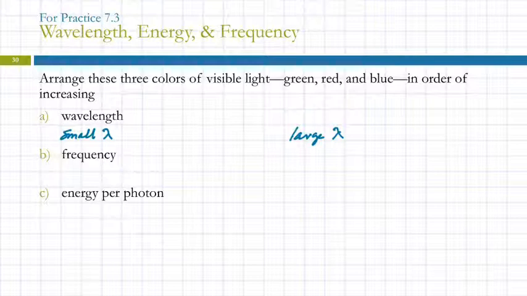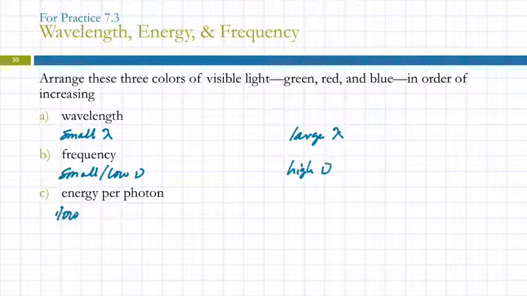So for wavelength, we're going to go with small wavelength at the beginning and large wavelength at the end. Increasing frequency, small or low frequency to high frequency. Energy per photon, low energy to high energy. There will be questions on the exam that say, here are these things, put them in order of increasing or decreasing something.